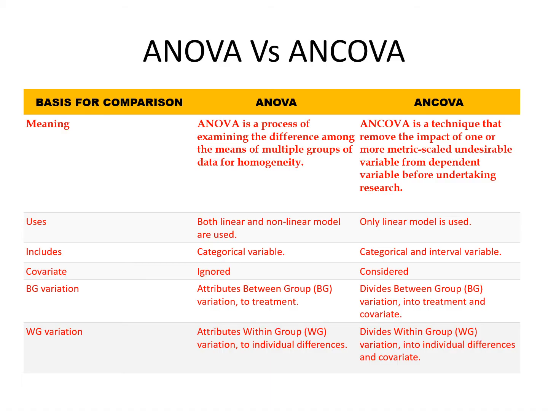And for within groups variation, in ANOVA, the differences are not divided further. But for ANCOVA, you divide within groups variation into individual groups, and you also consider the covariate.